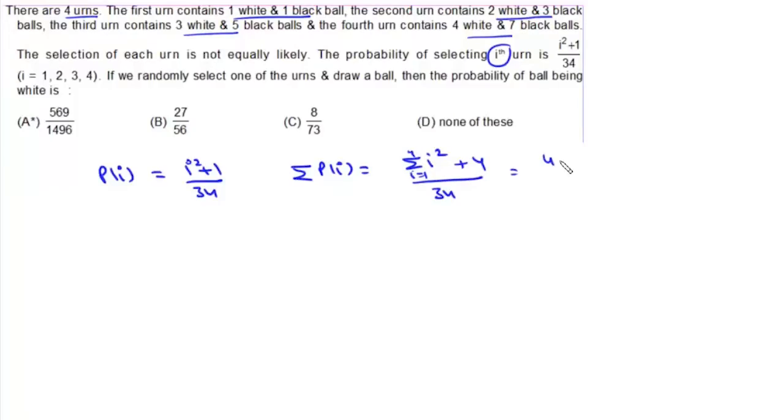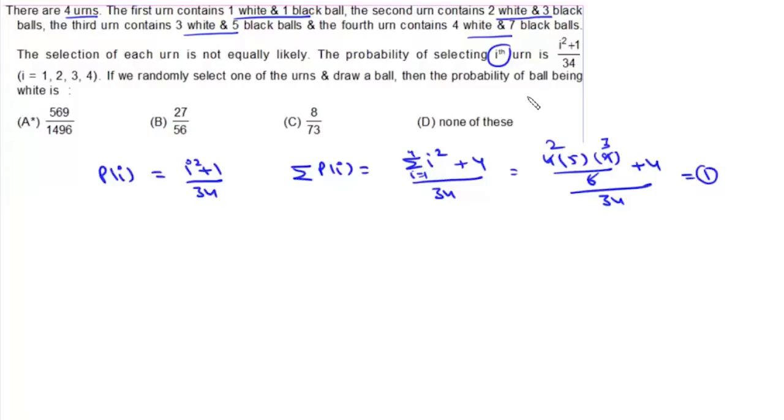Now this is n into n plus 1 into 2n plus 1 divided by 6, plus 4 upon 34. Now this is 30 plus 4, 34. This is 1. So choosing the urns is a mutually exclusive and exhaustive process.